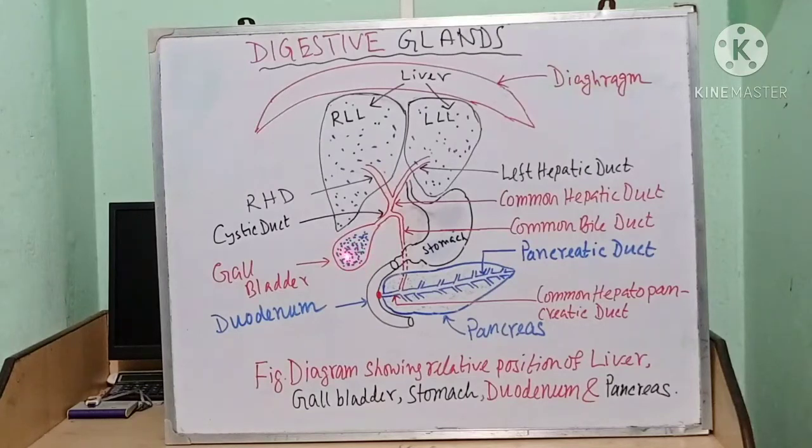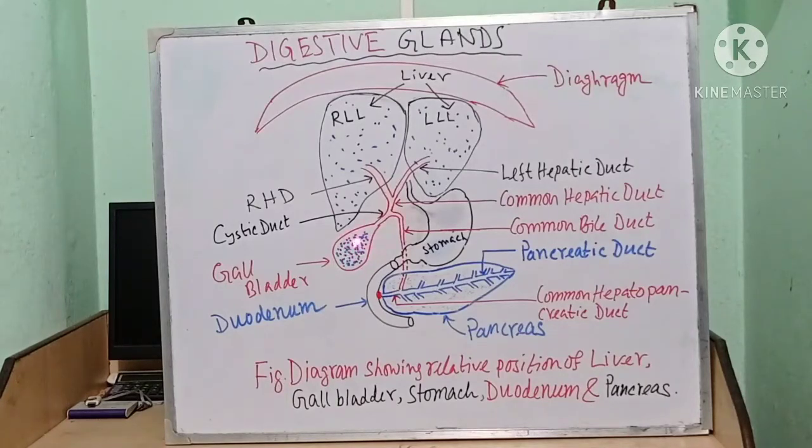Now, among the 2% solid constituent, 1% is inorganic component, and there are sodium chloride, potassium chloride, sodium bicarbonate, calcium carbonate, and we have bile salts and bile pigments also.